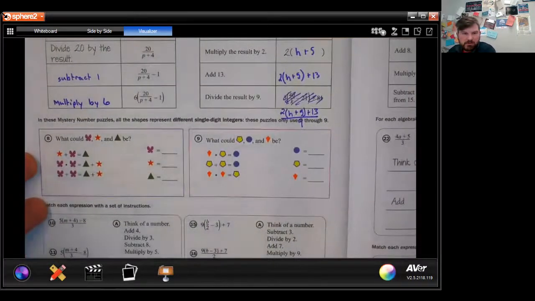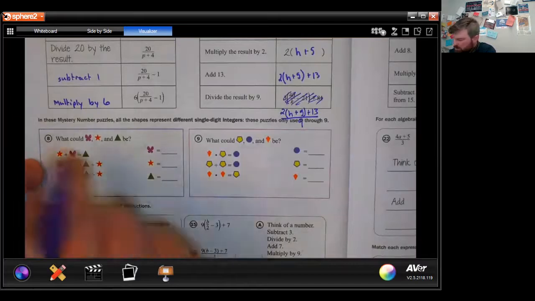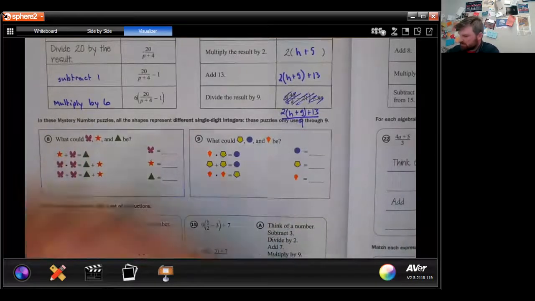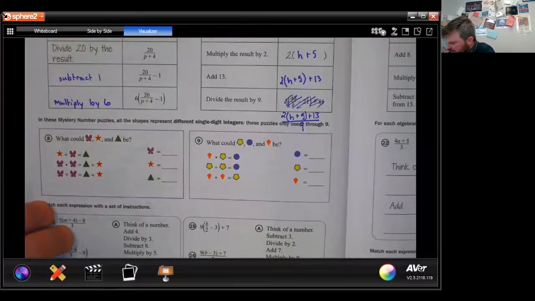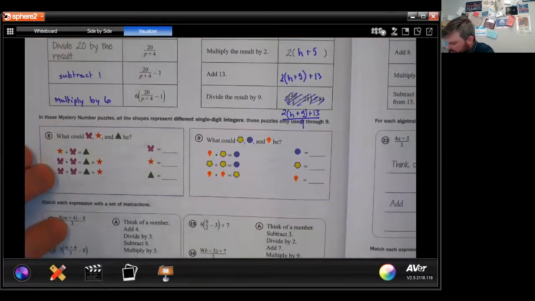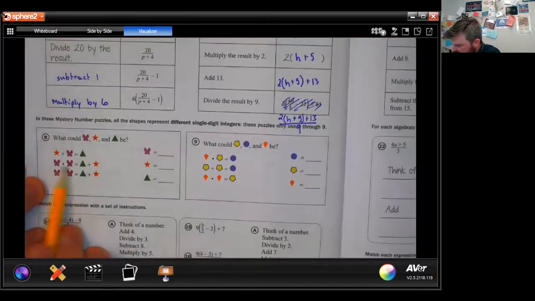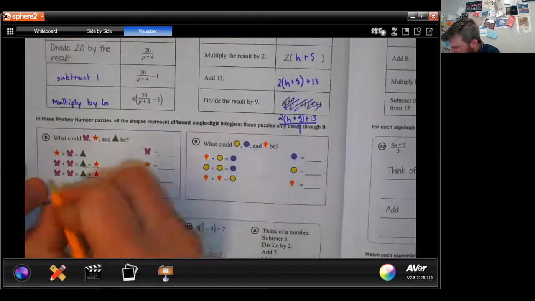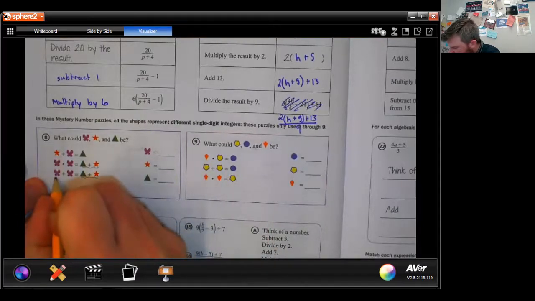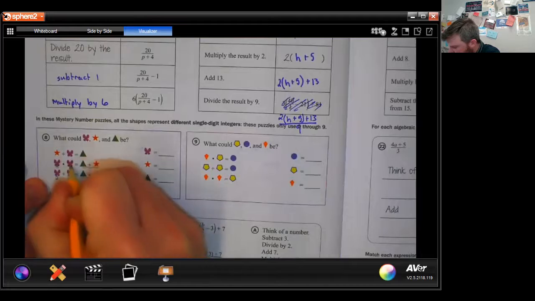Okay, here we have some mystery number puzzles kind of going along with the system of equations here. So I'm going to switch to a pencil here. Okay, what could the butterfly, star, and triangle be? I know that if I add these and multiply these two together, I get this same number here. The only way to do that is to take 2 plus 2 and 2 times 2.